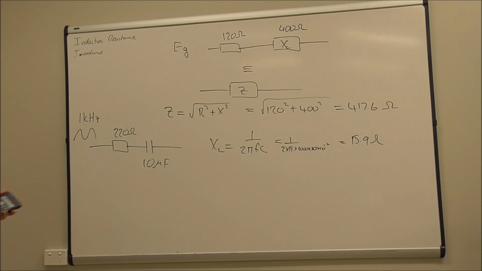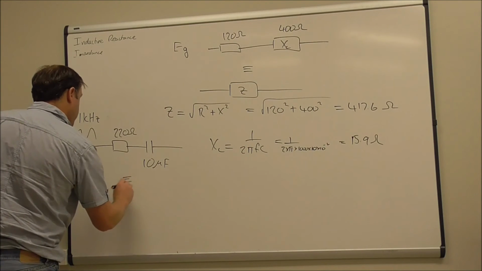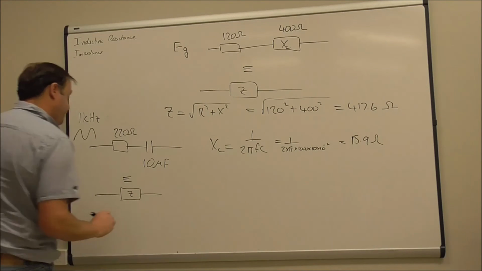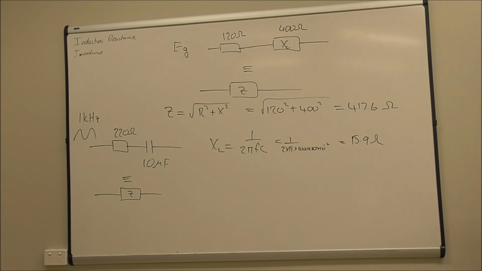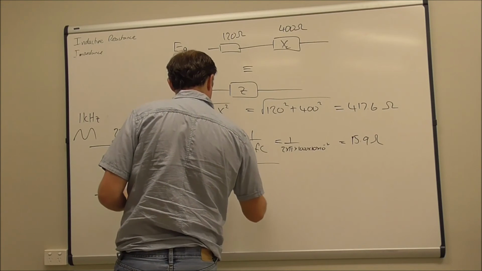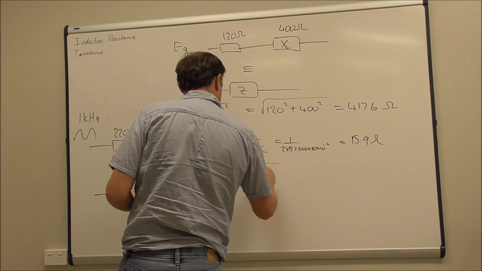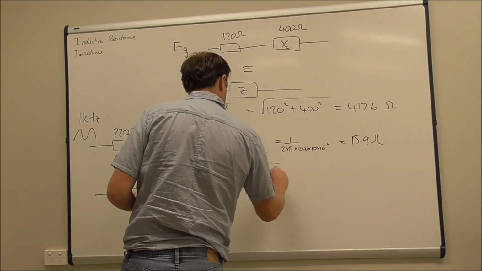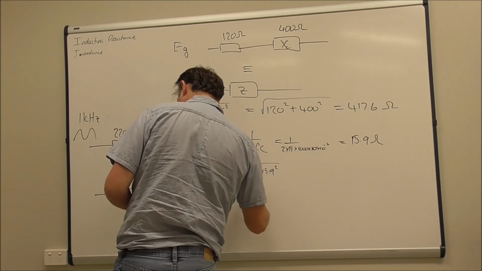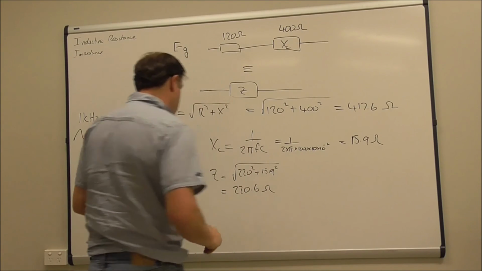Now to find the impedance, I square it plus the square of the other.